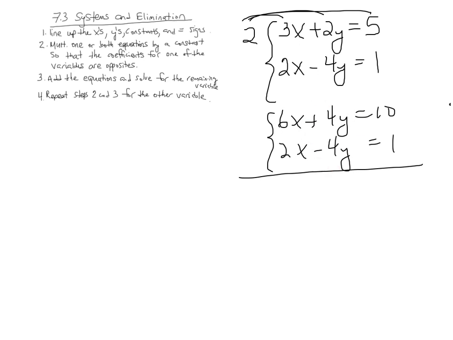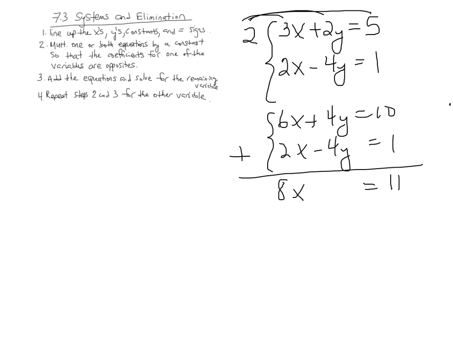So step 3 says add the equations and solve for the remaining variable. So we're going to add these equations. We're going to add down. 6x plus 2x is 8x. Now when I try to add the y's together, what you'll notice is I've eliminated them, hence the name of this method. The y's are gone. I carry the equal sign down and I add the 10 and the 1 and I get 11.